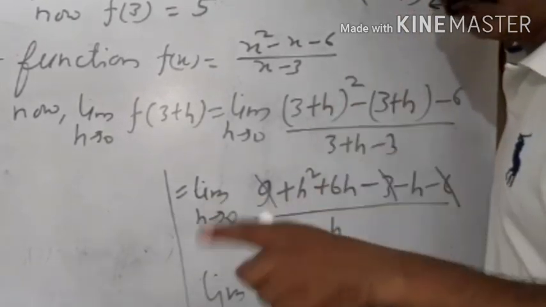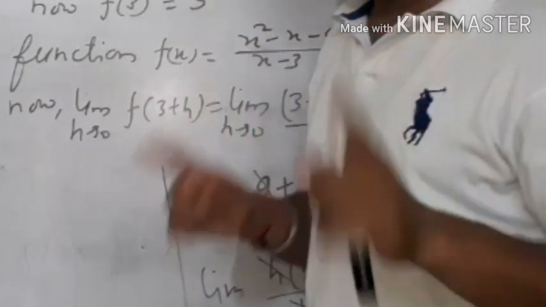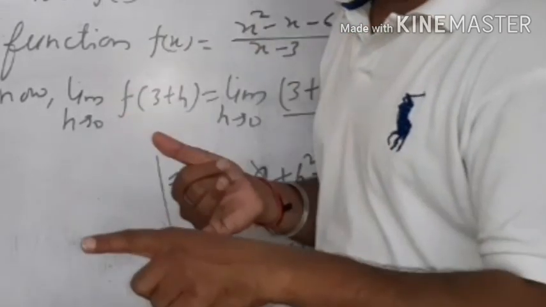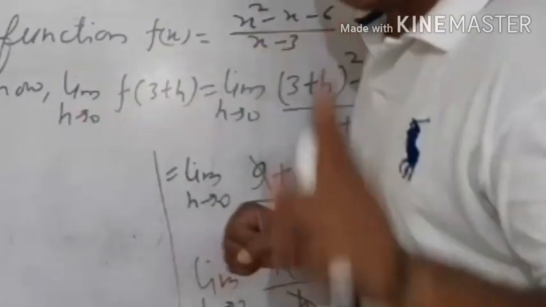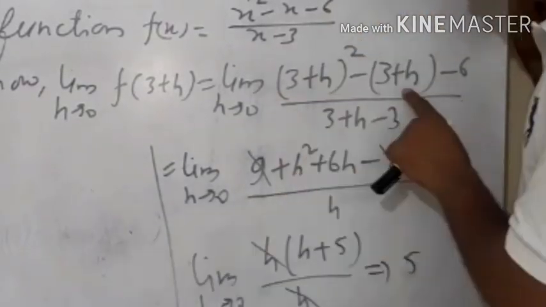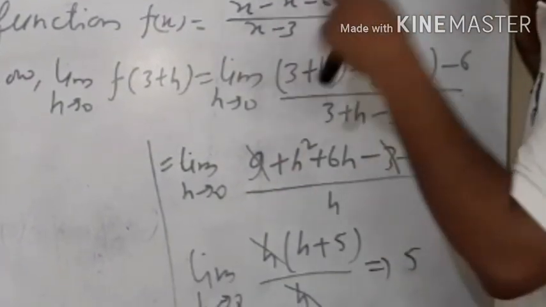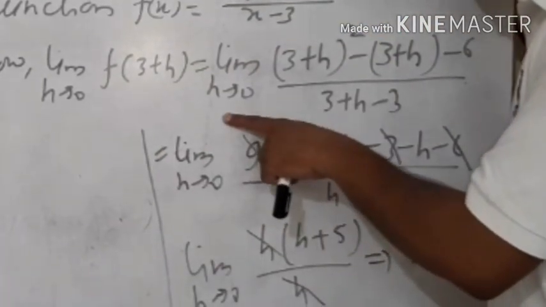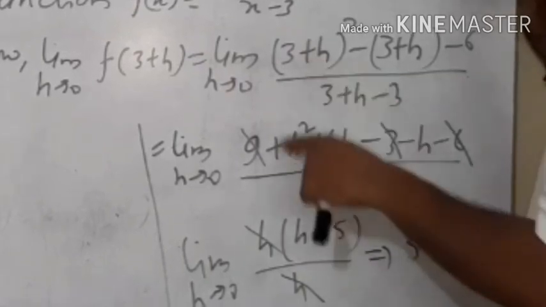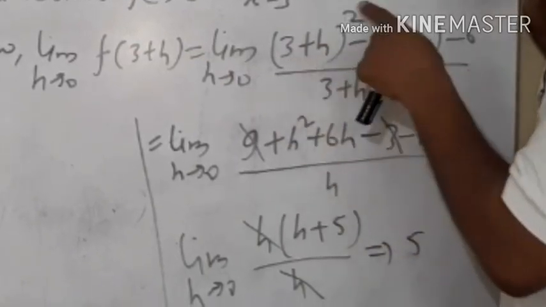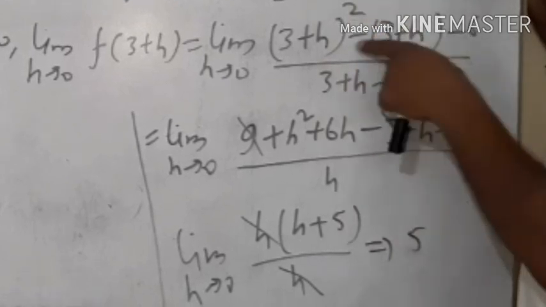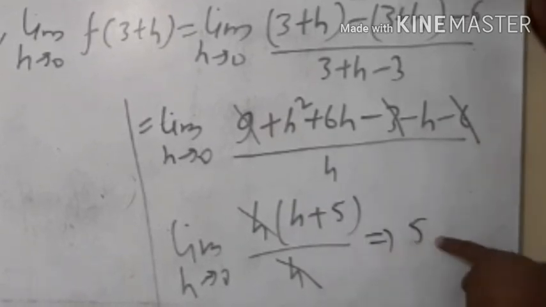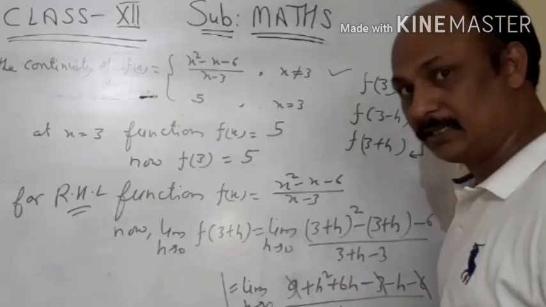Yes, I told you in 11th class, yes beta, in 11th class we discussed limits, and I told you that in limits calculate the brackets first and after that put the value of the given limit. So I solve the bracket as (a plus b) whole square, solve the bracket the same way, then we calculate and it is equal to 5. Is that clear?